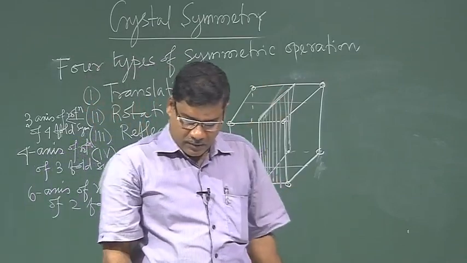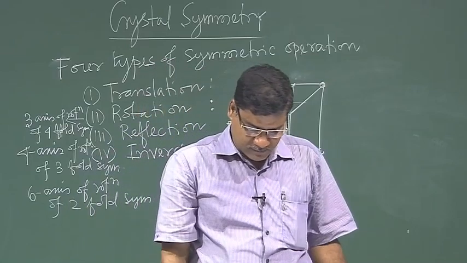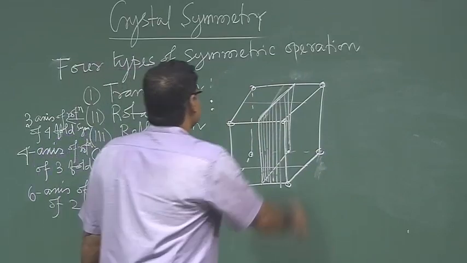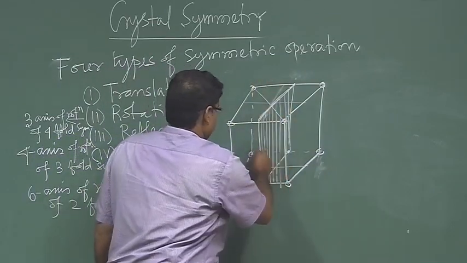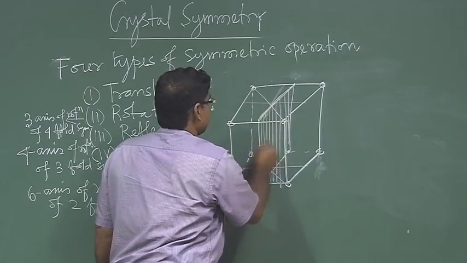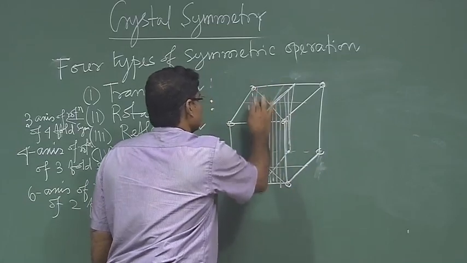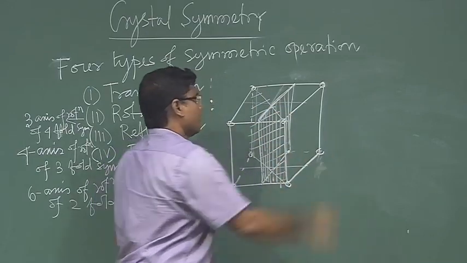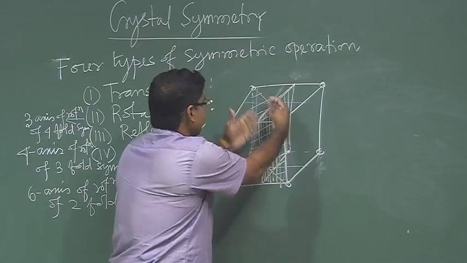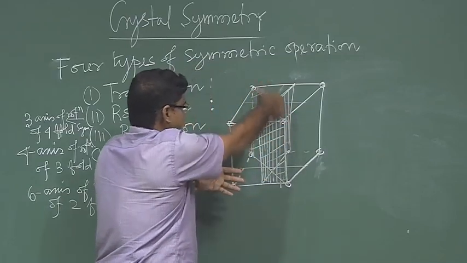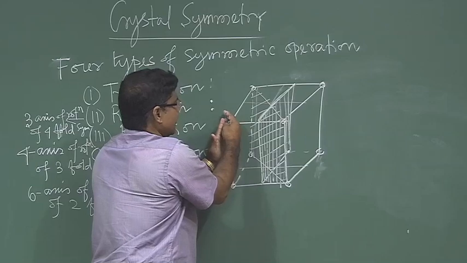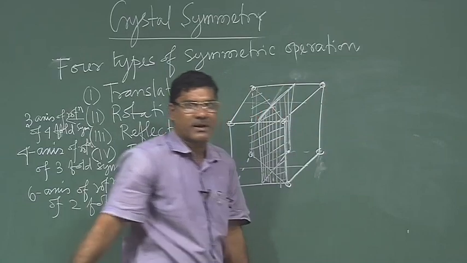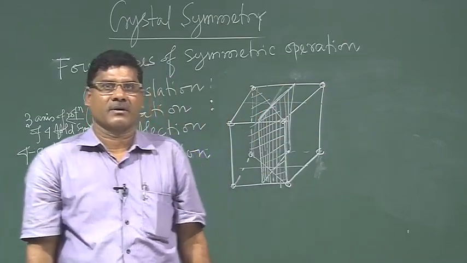And if you take the plane along the diagonal, with respect to this diagonal plane, this side is one half and the reflected one will be the other half.